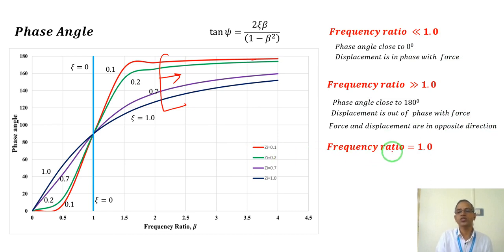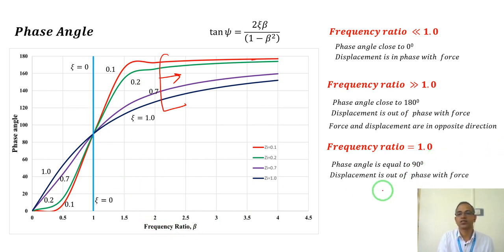When the frequency ratio is equal to 1, then what happens? The phase angle is equal to 90 degrees here. So when the frequency ratio is 1, the phase angle is 90 degrees. That means displacement is out of phase with the force. Okay. So that means the displacement attains its peak when the force passes through 0.